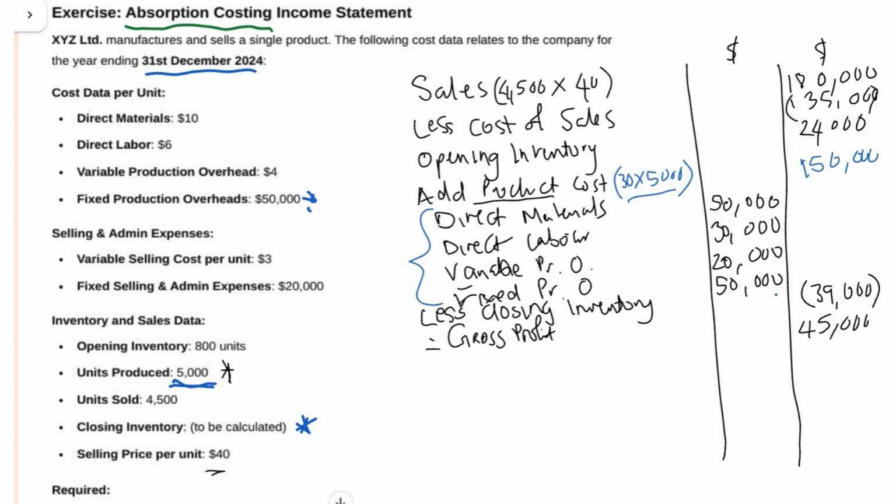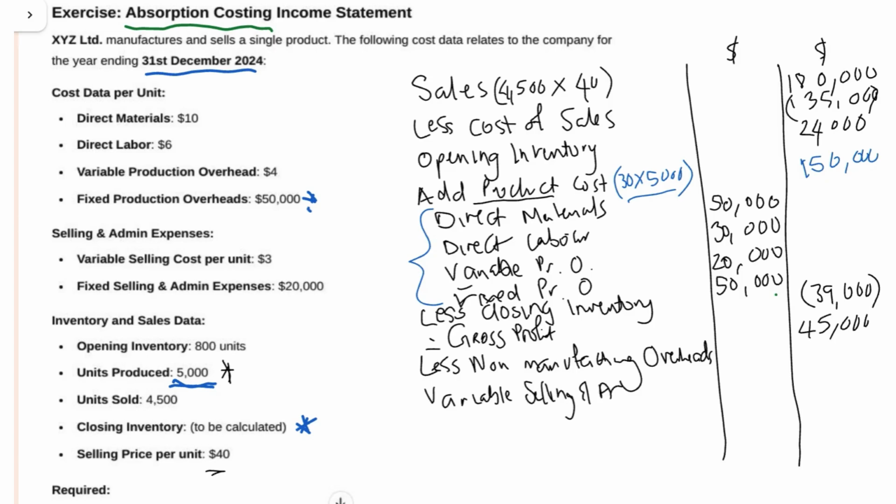Okay, now that we did all of that, we need to calculate our net profit, and how we do that is we have to less non-manufacturing or non-production overheads. Okay, so this is your variable selling and admin, and then it's your fixed selling and admin.